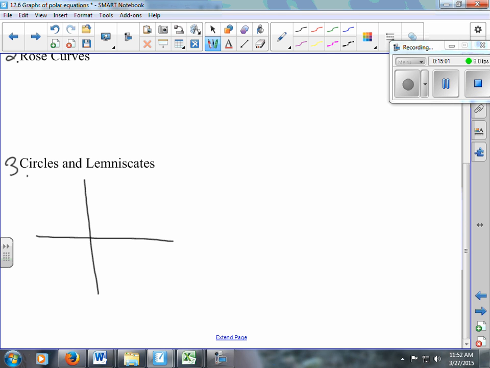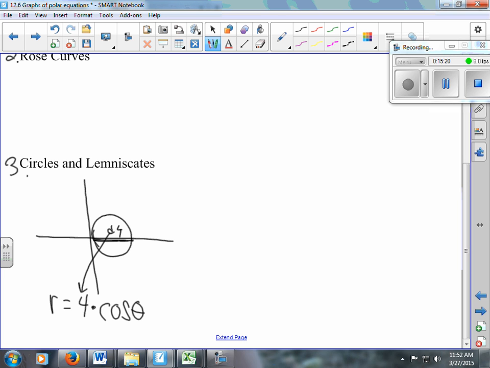The first type is a circle on the x-axis. And this is what you get if you have r equals something, say 4, times the cosine of theta. Okay? If this is 4, then the diameter of your circle is 4. It's whatever that value is.